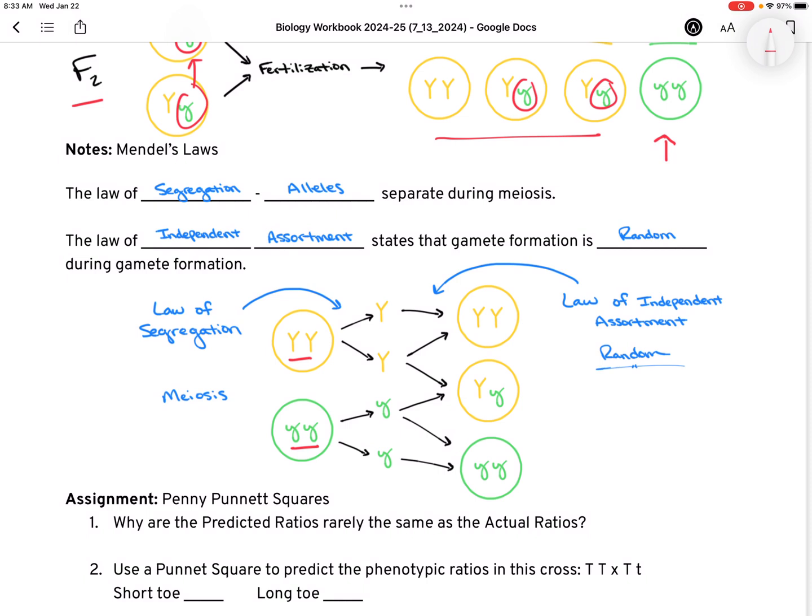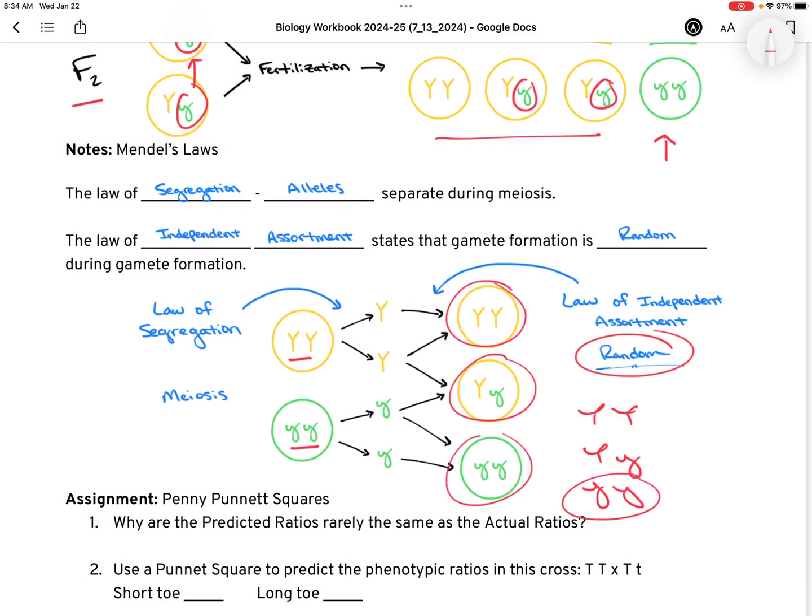So we have big Y, they separate from each other, and little y, separate from each other. Now that these alleles are separate, we have something called independent assortment, and it's random. So big Y could be paired with another big Y to make this one. Big Y could be paired with a little y to make something like this. Or little y and little y could make something like that, like our green seed here.